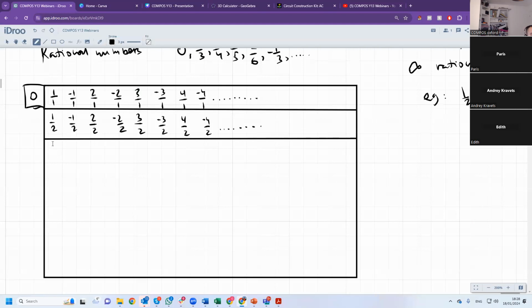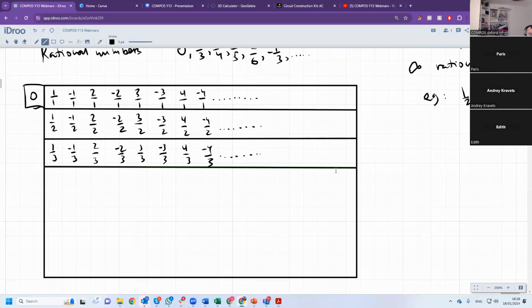Third row, 1/3, minus 1/3, 2/3, minus 2/3, 3/3, minus 3/3, 4/3, minus 4/3, etc. And as you can see, this table contains all rational numbers.